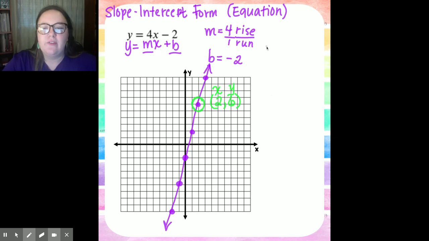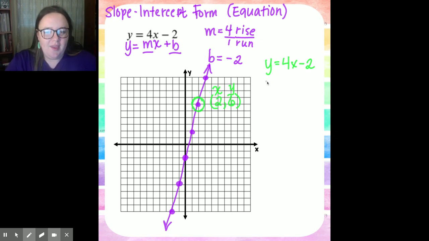So here is the awesome, cool part, and it's all about to blow your mind. You ready? So my original equation is, I'm going to write it over here, y equals 4x minus 2. That's the original. I now have an x and a y. Let's see what happens when I substitute that x and that y into that equation.